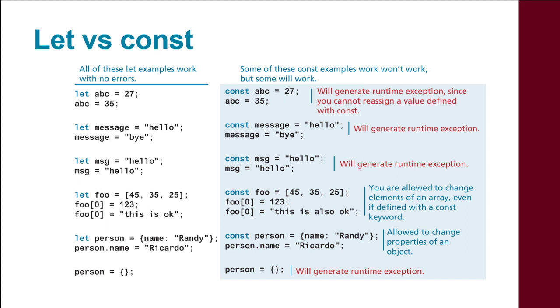So where we have the foo there, and it's got the three values, if after that you had foo equals 1, 2, 3, it's going to break. And then the second one is actually an object. Objects can contain properties. In this case, we're creating an object of person, and that person has a name of Randy. And you can reset properties of an object if it's a constant. But like the other ones, if you try to reset what that constant is, it's going to break.